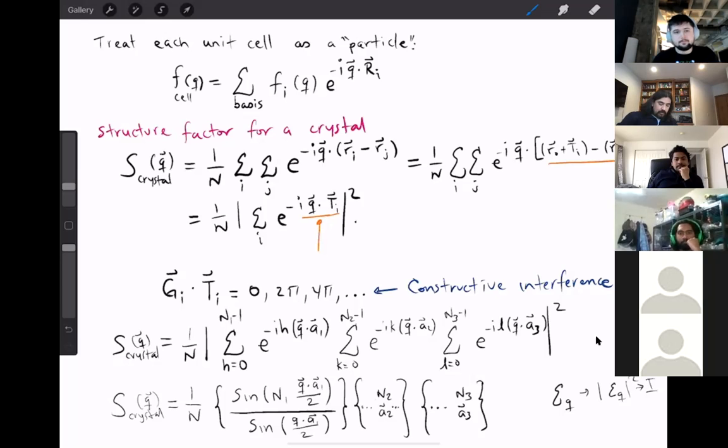But then each of those brackets is only going to be contributing when that thing is maximized. Whatever Q we choose has to be maximized in all three of the brackets. So that makes it so that you have the Laue conditions.